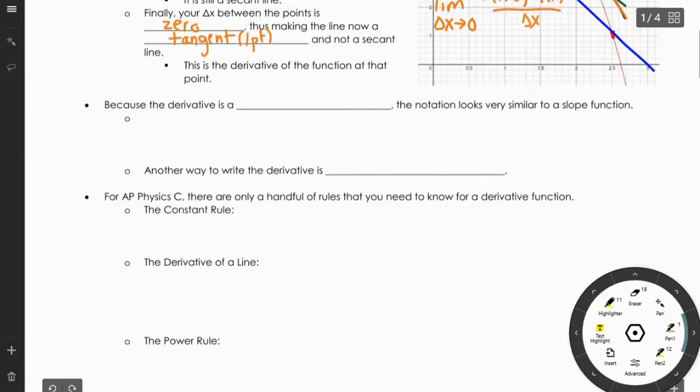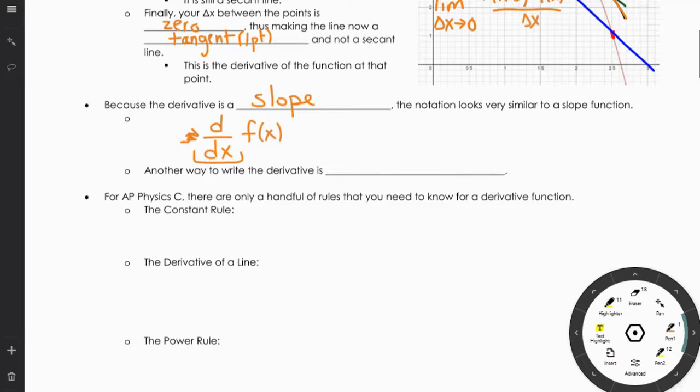Okay. Now, because the derivative is a slope, the notation will look very similar. So if I want to find the derivative of a function, it'll look like this: d/dx of f of x. This is my derivative notation right here, okay, d/dx.